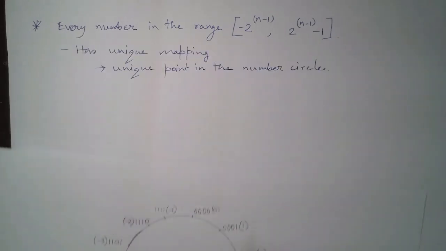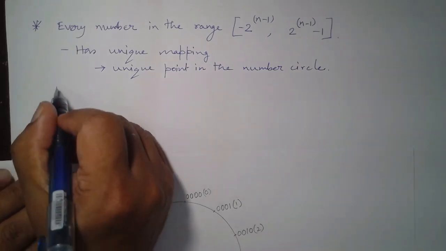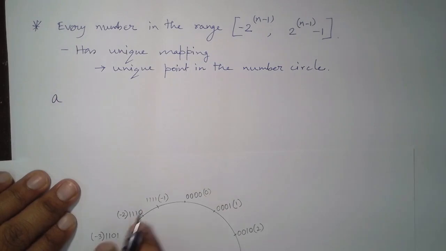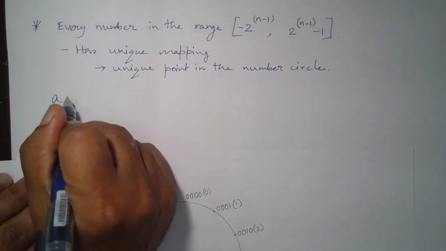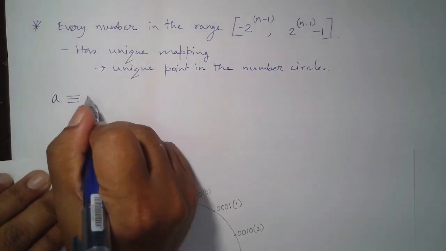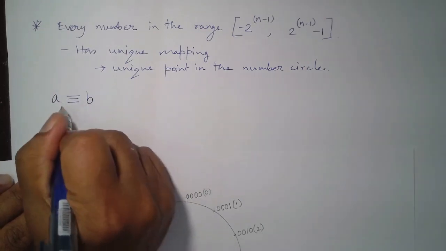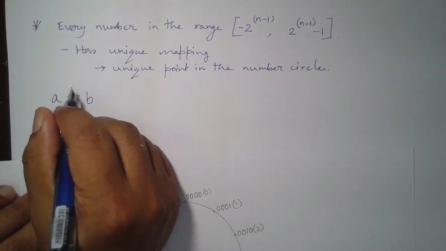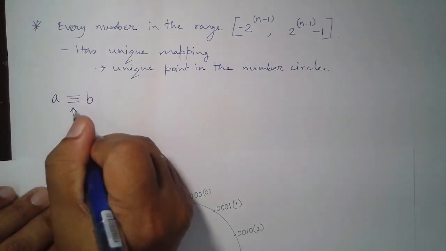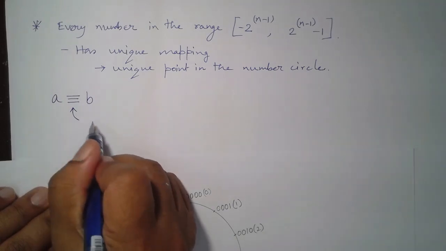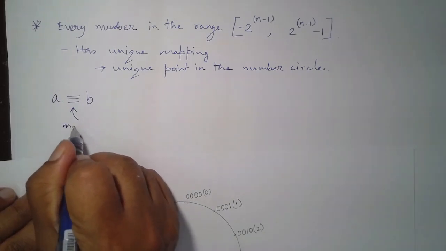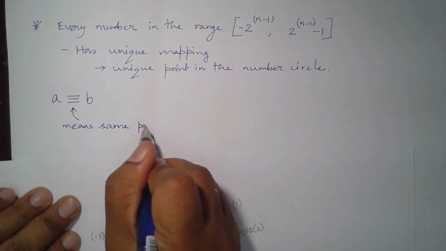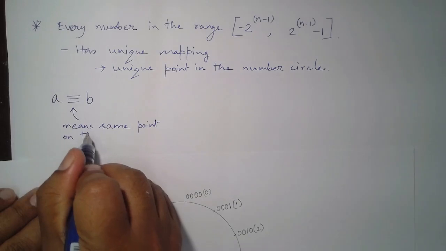So, basically we can say that a number a, which for our 4-bit number system we will consider as equivalent to b. This three horizontal lines is the equivalence sign, and it means the same point on the number circle.